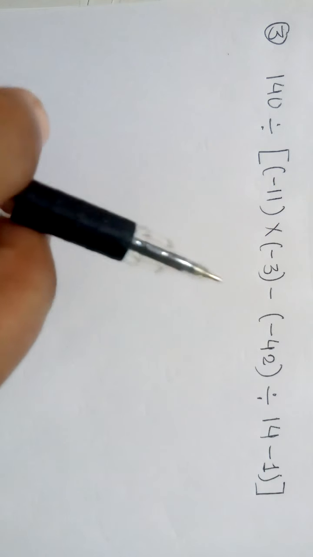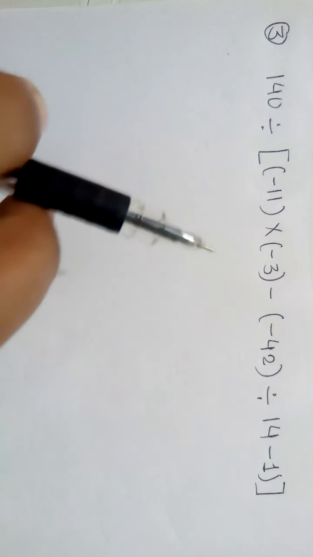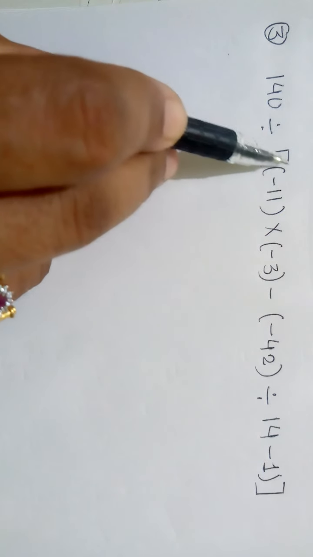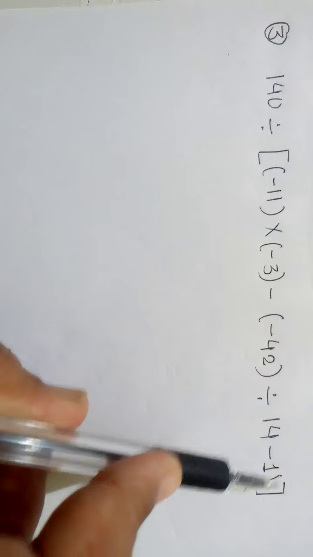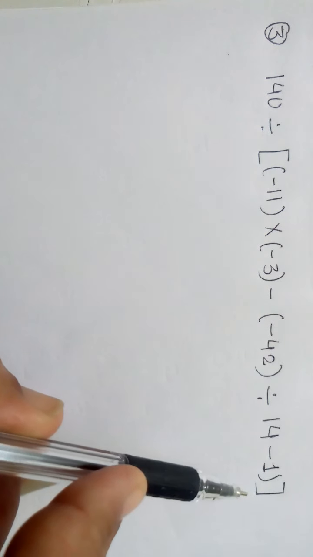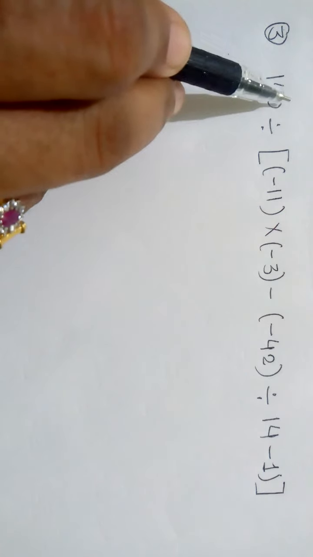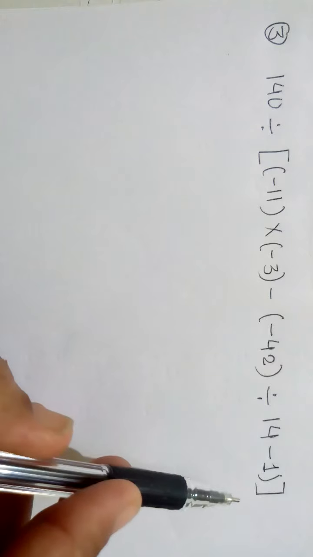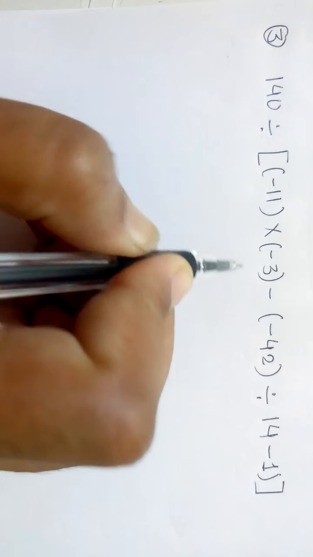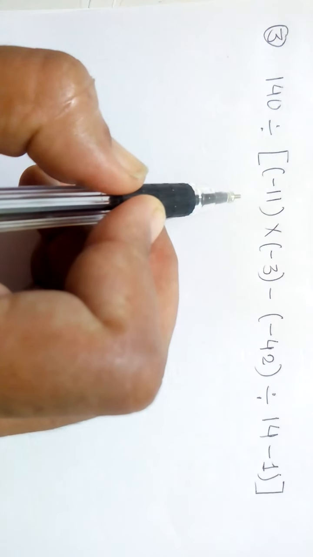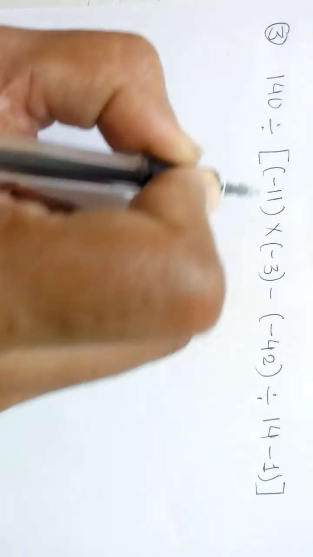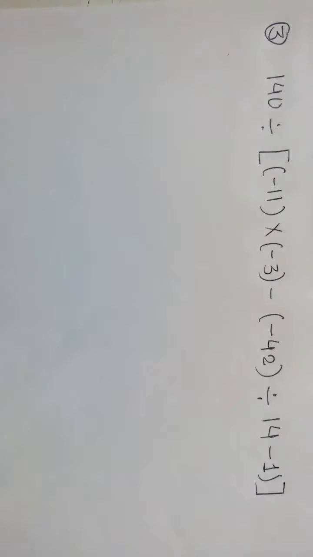But if a bracket is given, we have to solve the bracket first. See here 140 divided by, in the bracket all these operations are there. So we have to solve the bracket first. Don't think about this 140. Now in the bracket also the same rules we have to apply.